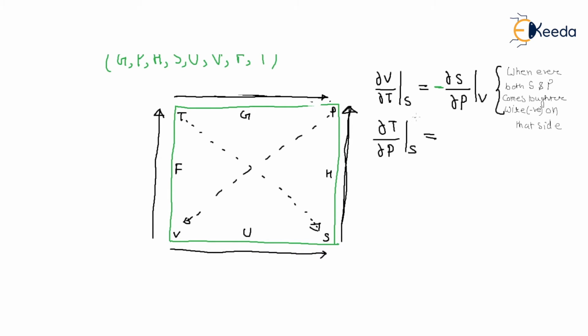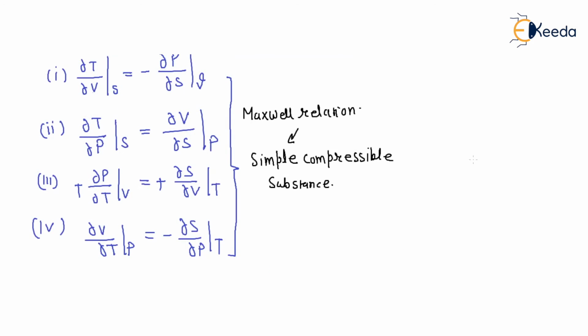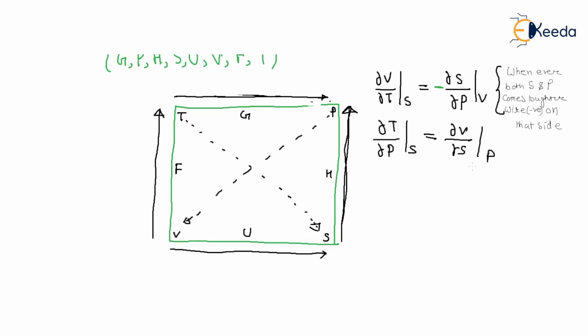So ∂V/∂S, ∂V/∂S at constant P. So first ∂T/∂P at constant S, ∂V/∂S at constant P.